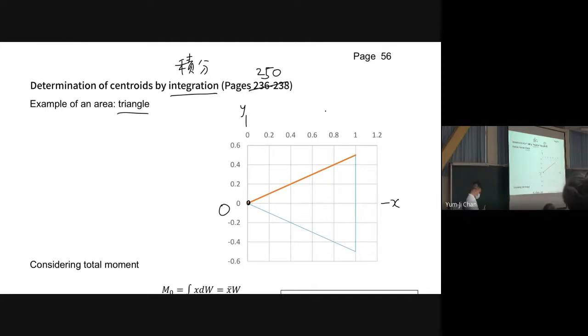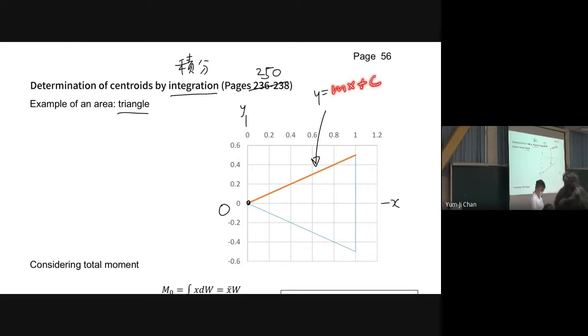Now, I have a question. How do you write the equation for this line? Y equals what? For the line here, because usually we write y equals mx plus c.